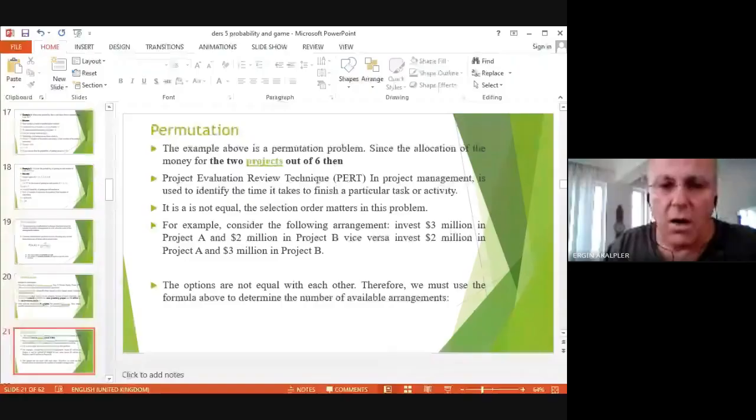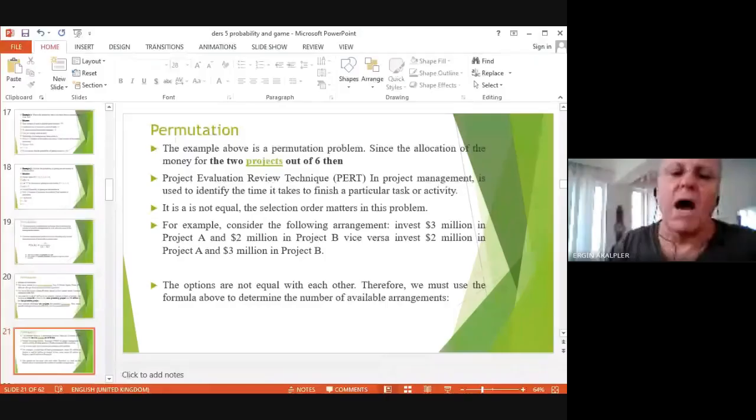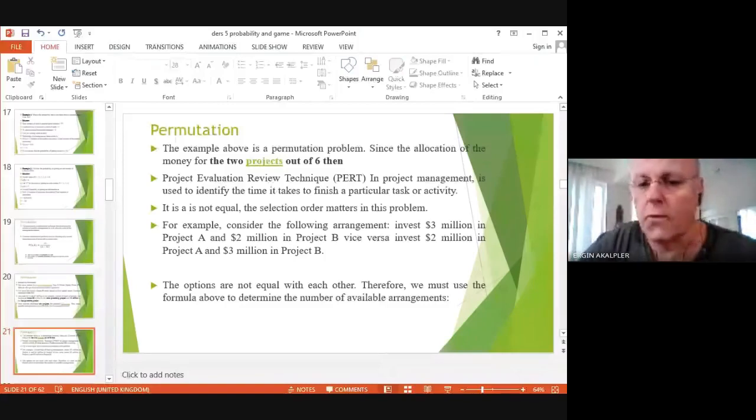Since the allocation of the money is to two projects, and the number of projects offered to you is 6, you have to apply the permutation formula with 6 choose 2 in order. Therefore, project evaluation review technique is used to identify the time taken for finishing this task, to become more profitable in this business.